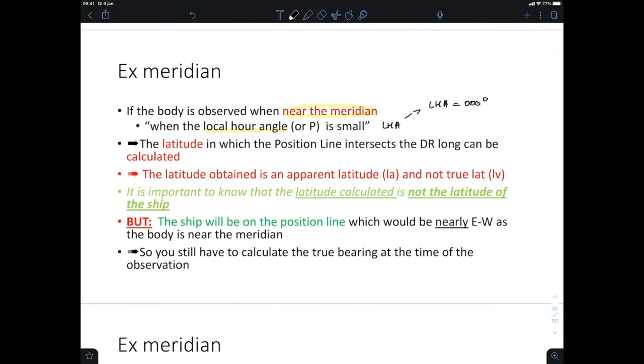And so the latitude in which the position line intersects our dead reckoning longitude can be calculated. The latitude that we obtain with this method will be our apparent latitude. It will not be our true latitude, because we are starting from a dead reckoning position, so our longitude is not our actual true longitude, but our dead reckoning longitude.